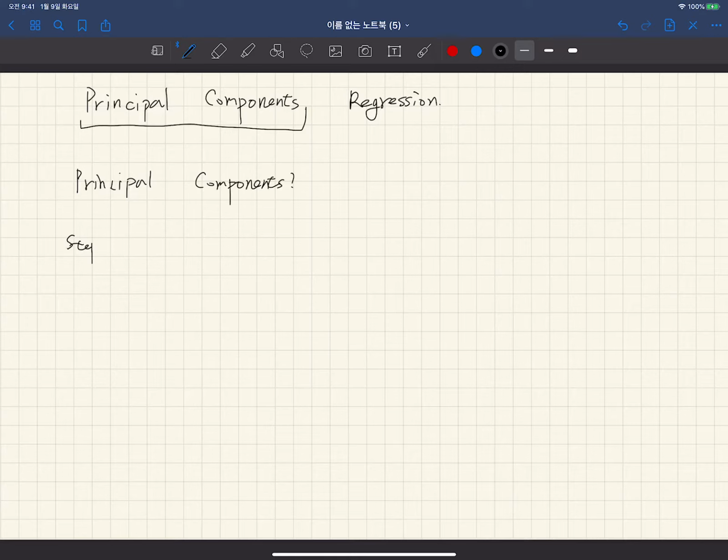At first, we have to standardize all the columns of matrix X. So what was matrix X?